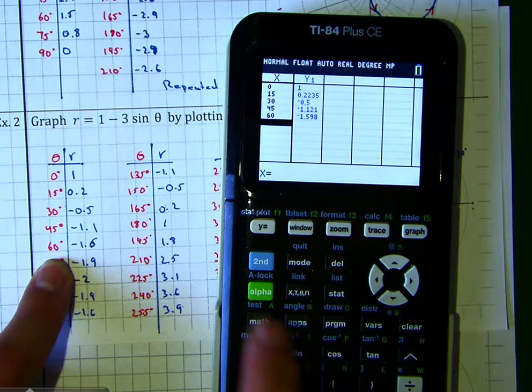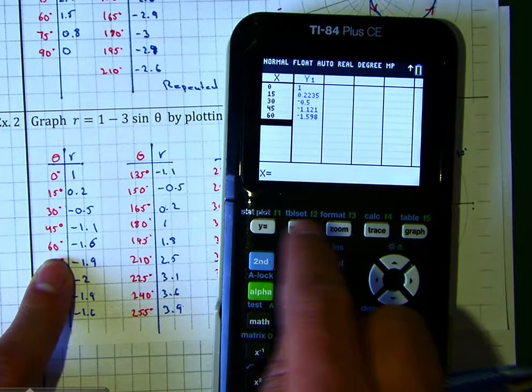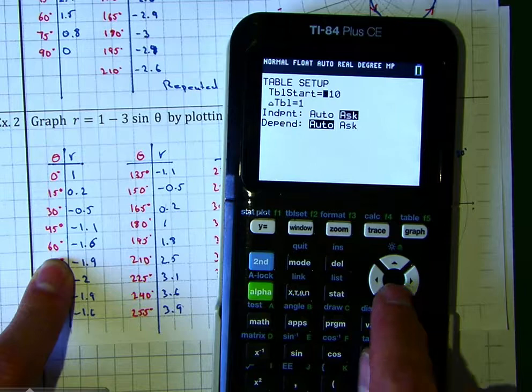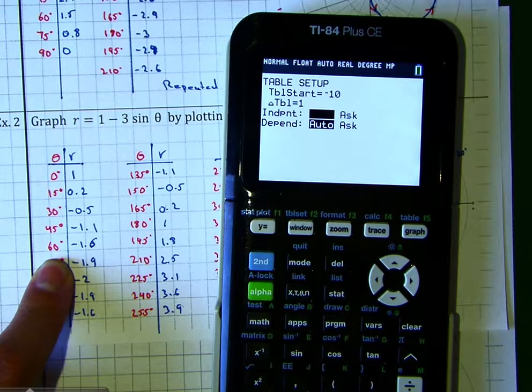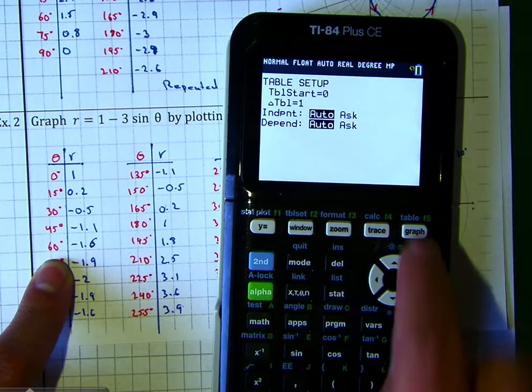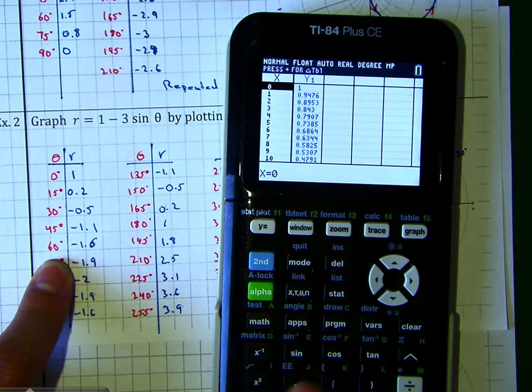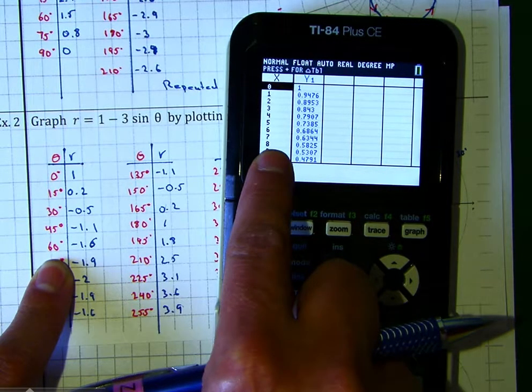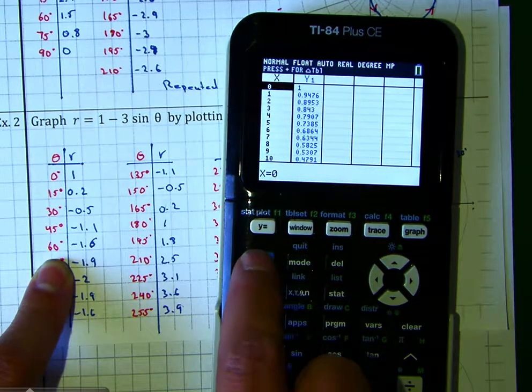So some of you said, actually, I know that I can do the table settings and just set it to auto.